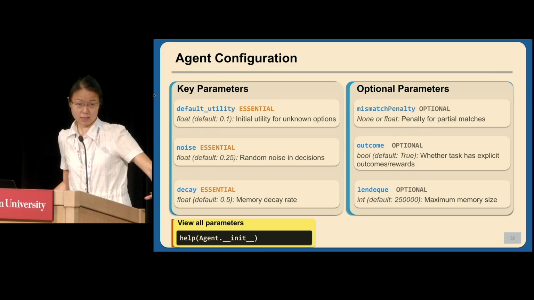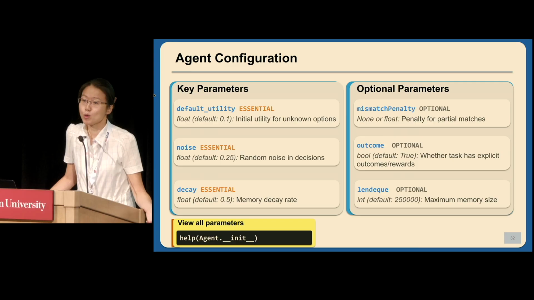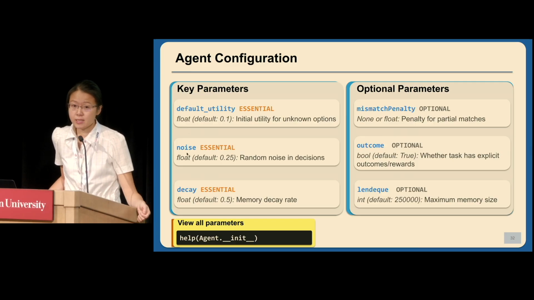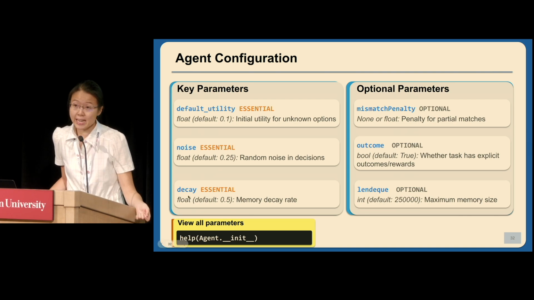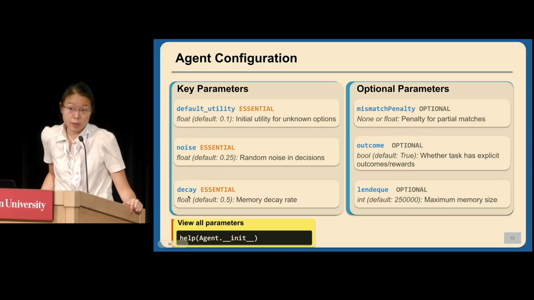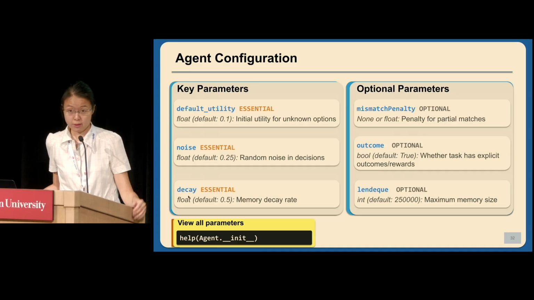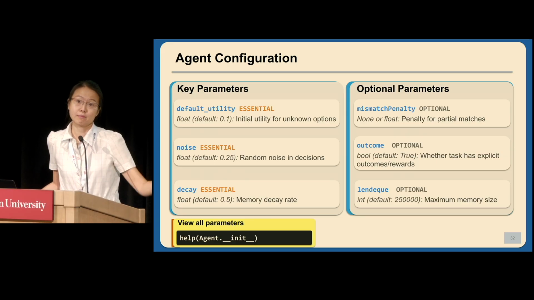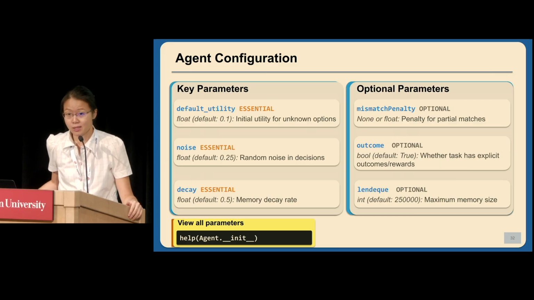If you set the default utility low, the agent is more satisfied. The noise also represents the agent's exploration ability. The decay, also captured in instance-based learning theory, shows how quickly the memory fades. A low value of decay represents long-lasting memory. A high value means the agent forgets something very quickly.